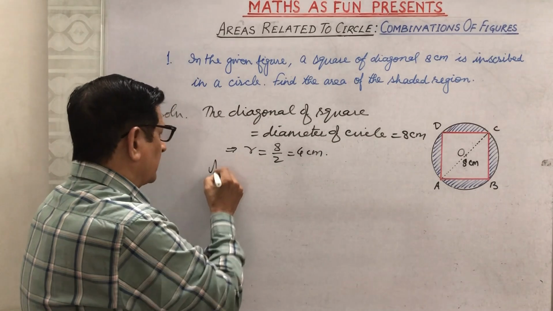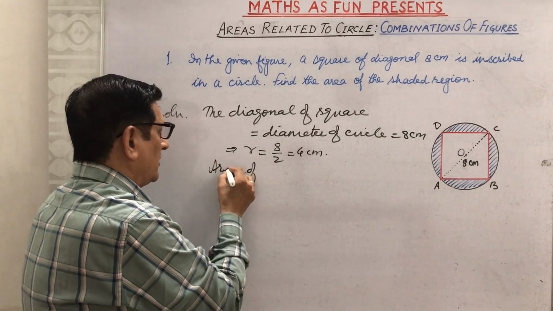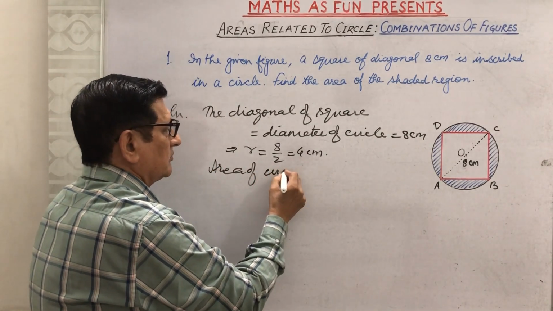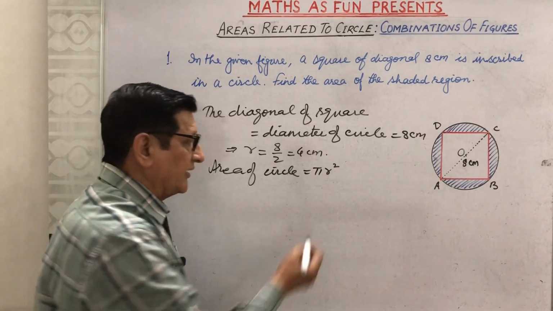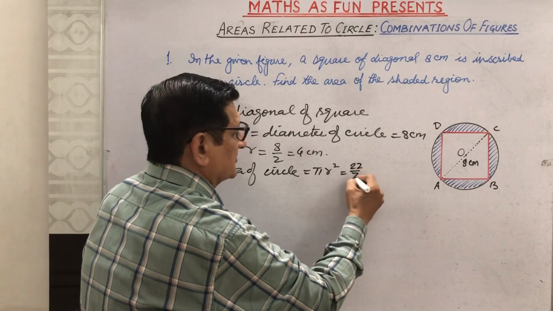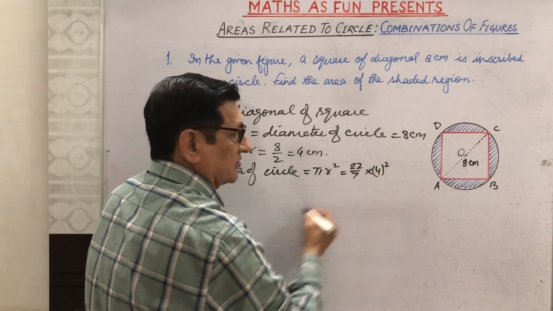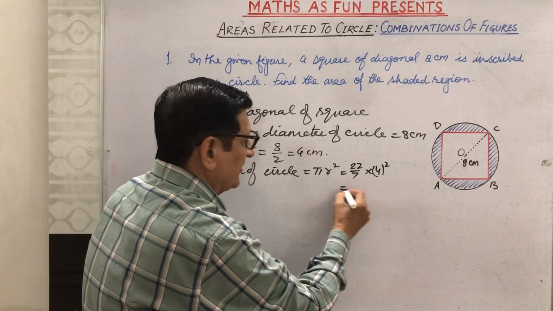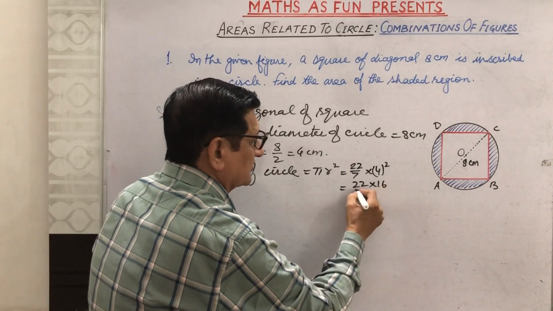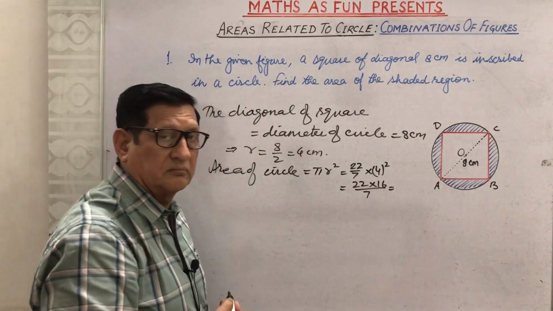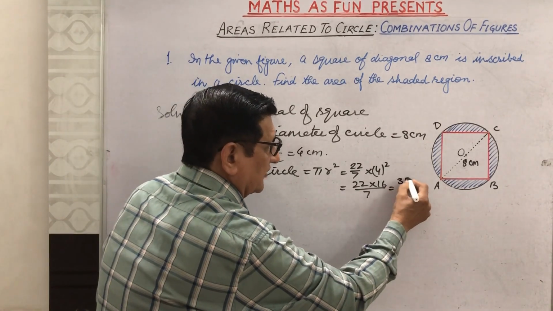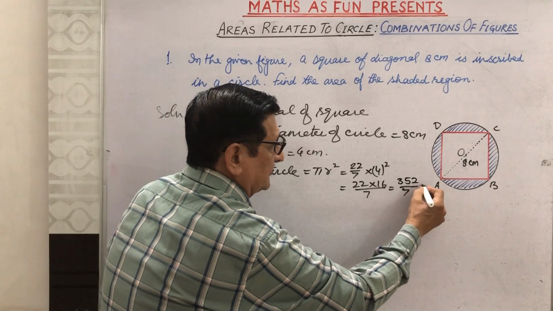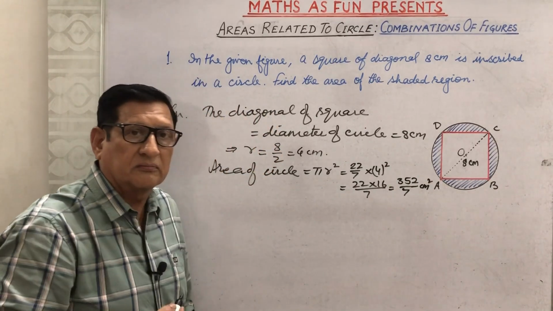Area of circle here is pi r square, as we know. That is equal to 22 by 7 into 4 square, or we can say 22 into 16 upon 7, equal to 16 into 22 is 352 upon 7 centimeters square.